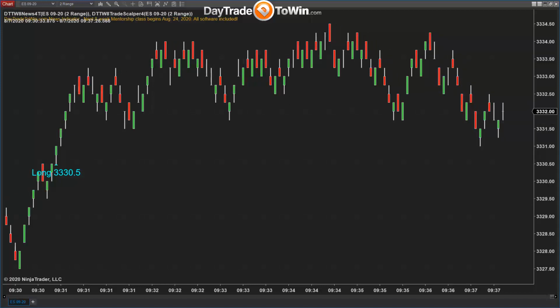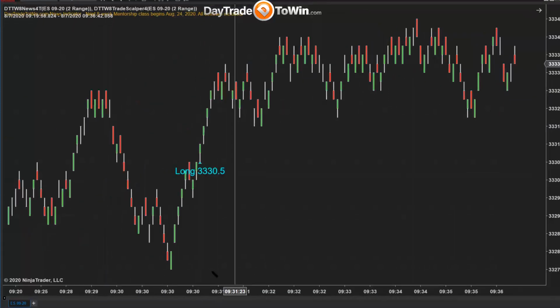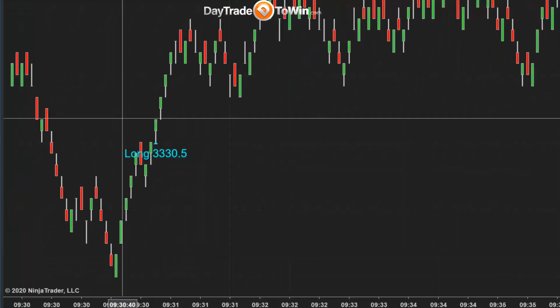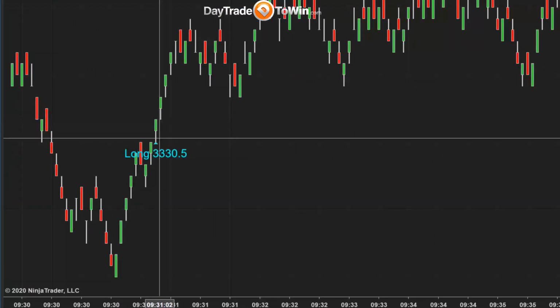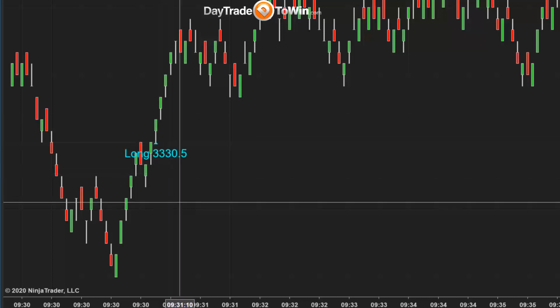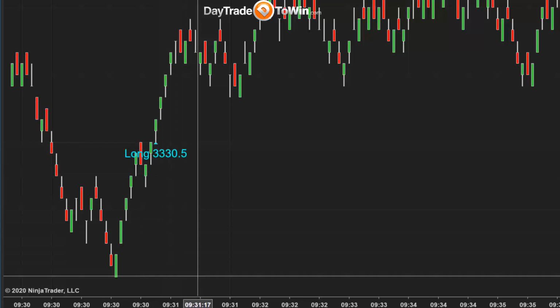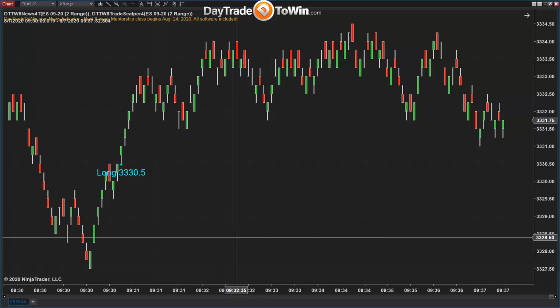One of the things that I like to recommend is, even though this signal here to go long right as the market opened would have given you an opportunity to press that button long, the problem is that typically within the first 5-10 minutes there's a huge amount of activity that is, I would say, more chaotic than the rest of the day. So I recommend not jumping in, even though this was a good trade to go long.